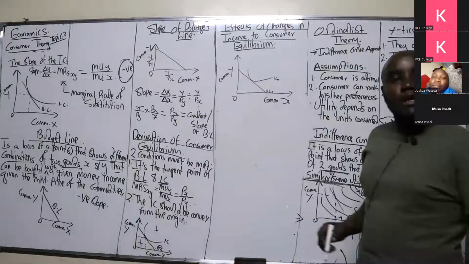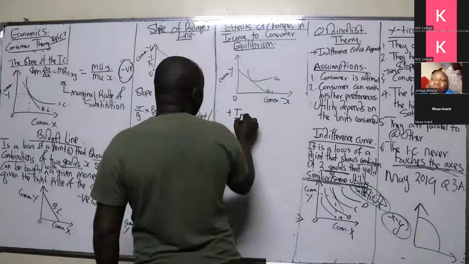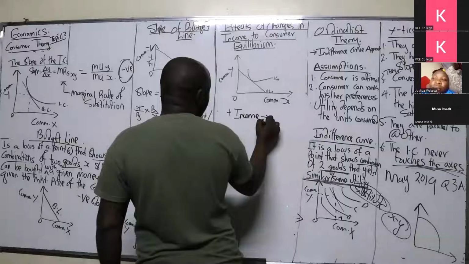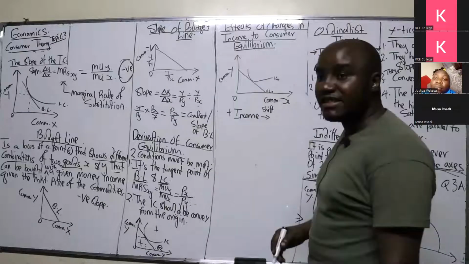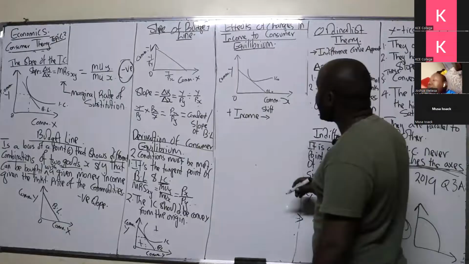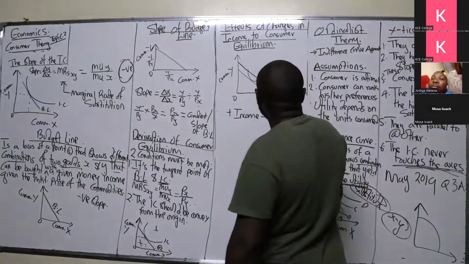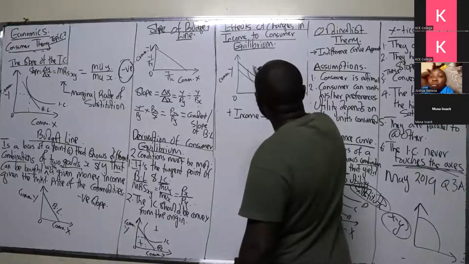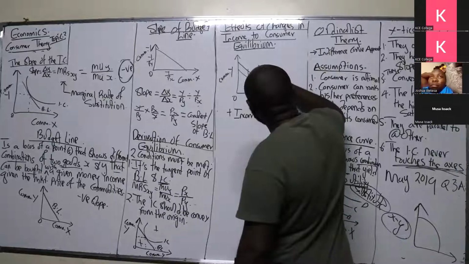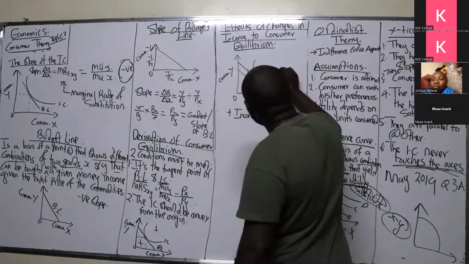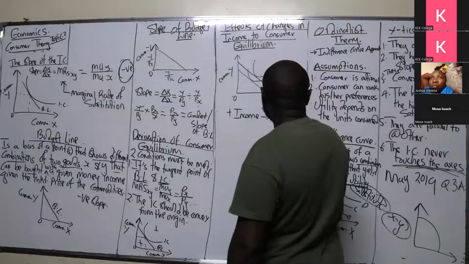If income increases, there shall be a shift of the budget line from BR0 to BR1 and a new indifference curve called IC1.